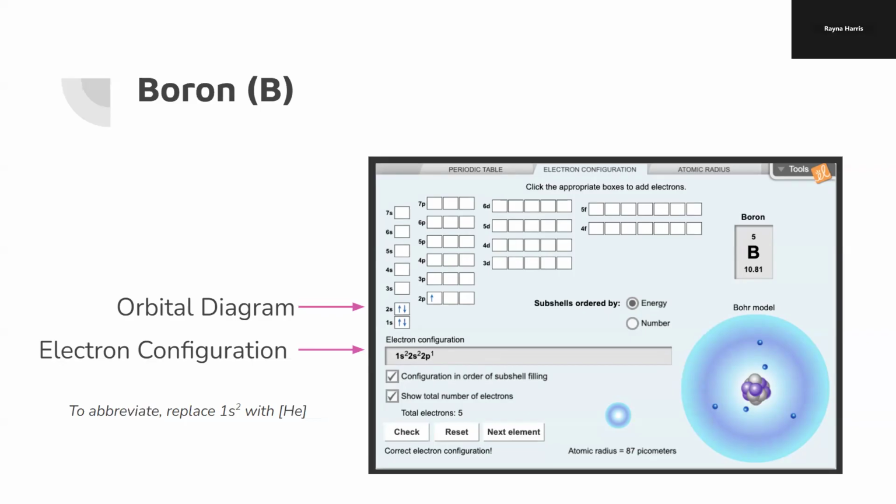Boron's in the second row, so it would be helium in brackets, and then 2 for the 2s. Yeah, so that would be abbreviated for boron. We don't have to write all the 1s's because we have that summarized with the helium. And write 2s, 2p.